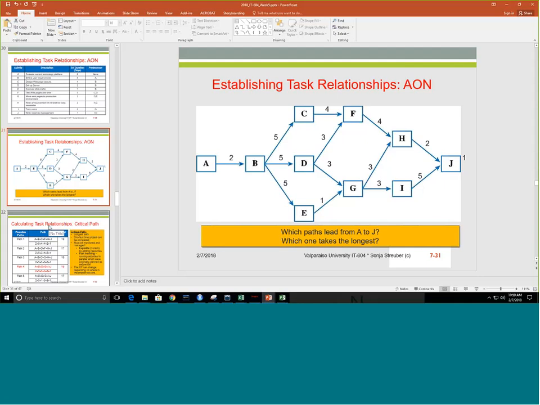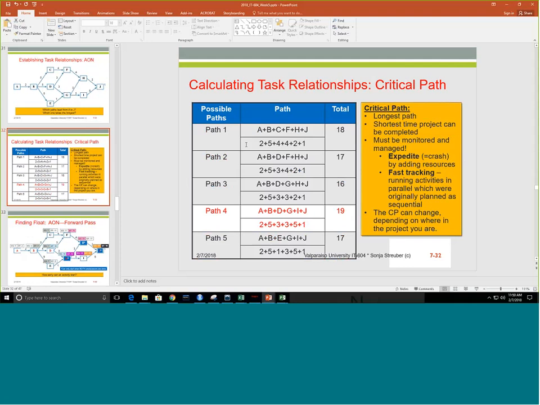So now let's talk about something that you will always see: the critical path. Critical path is one of the major aspects of schedule management that you will have to manage, because the critical path is the longest duration to get from A through wherever you have to go.